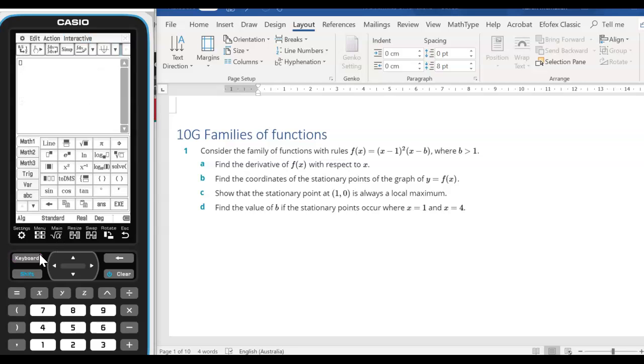Actually, if we get the keyboard up, all I want to do is define f of x. Give me a bit of time while I type it all in, x minus b.